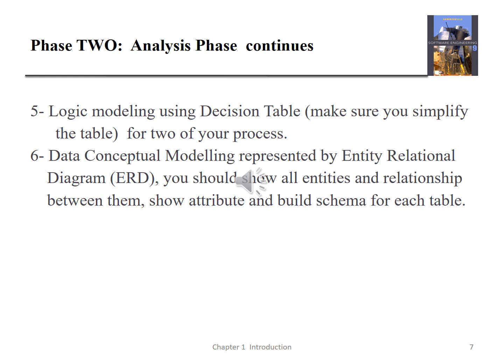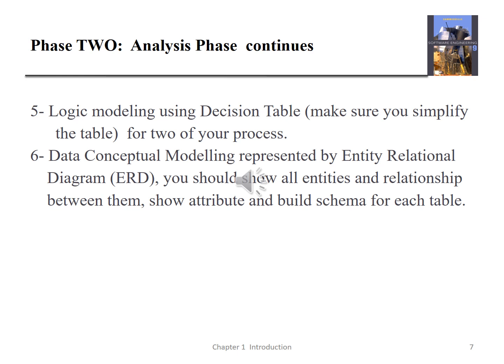Logic modeling here, we have 3 different things. We have a decision table, decision tree, and pseudocode. Logic modeling using decision table, decision tree and pseudocode for 2 of these processes. Not for 1, for 2 of them.